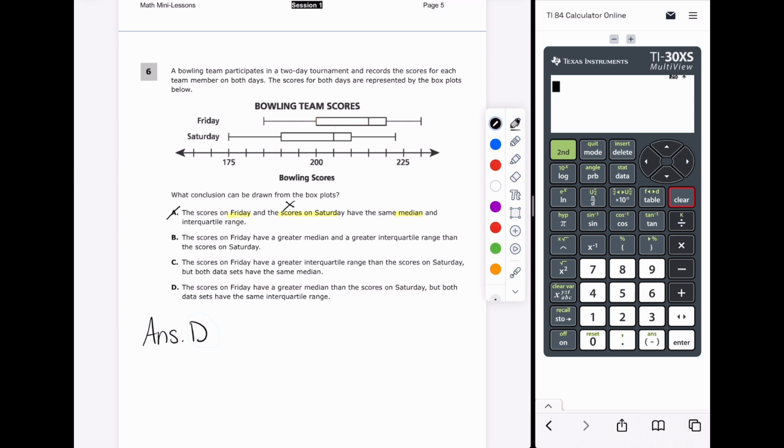So my interquartile range for this first one is 25 because it goes from 200. Oh, wait, not 25. It goes from 200 to 5, 10, 15, 20. It goes 20. For this one here, it goes 5, 10, 15, 20. So this interquartile range is the same.